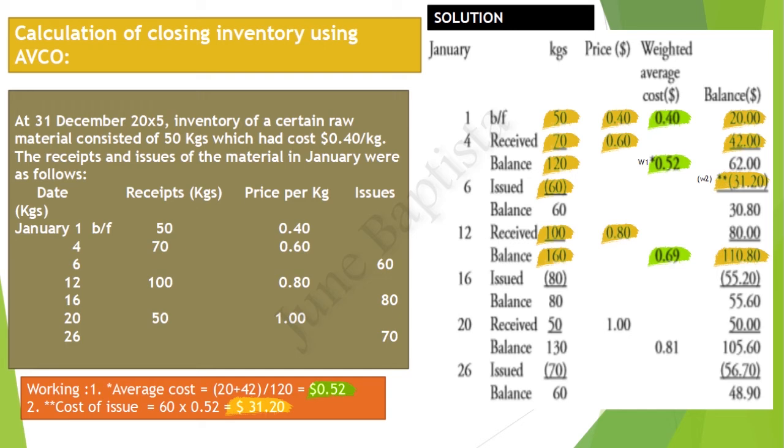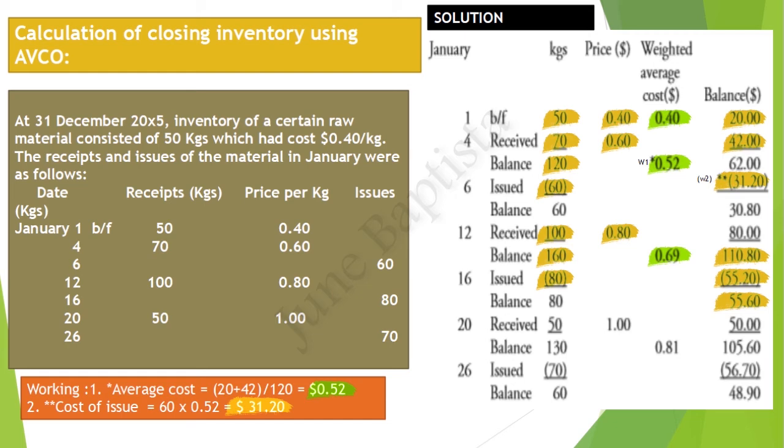On the 16th, 80 kgs were issued at an average cost of 69 cents, which would give us $55.20. Therefore, the value of closing inventory on the 16th of Jan would be $55.60.